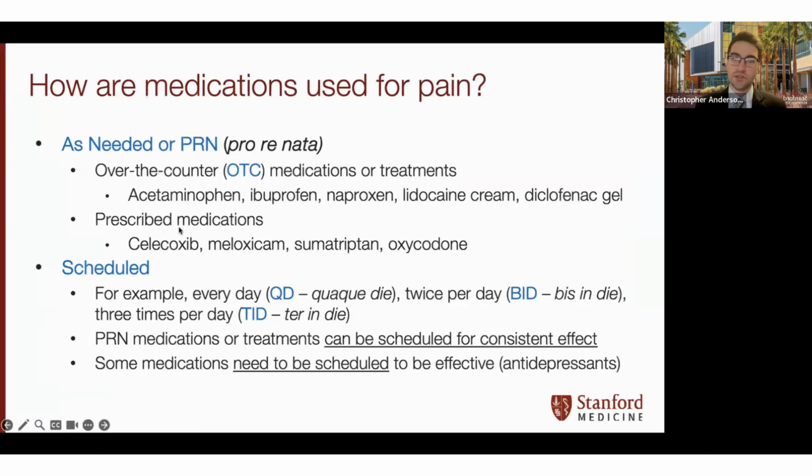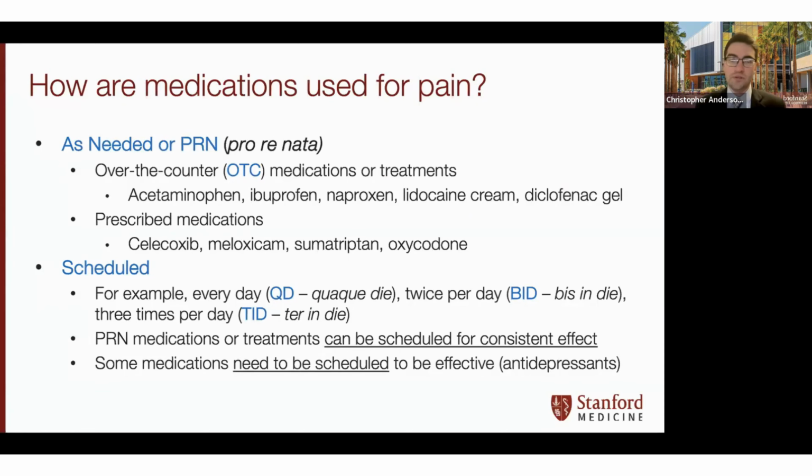So how are medications used for pain? Now, we in the field of pain medicine will use medications one of 2 ways. And here I'm going to cover a little bit of lingo to help you communicate effectively with your provider. The first way we use medications is as needed, or PRN, which means that you are taking a medication as the need arises and not on a regular basis.